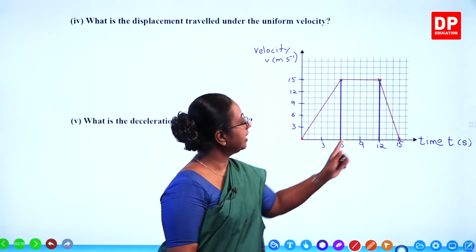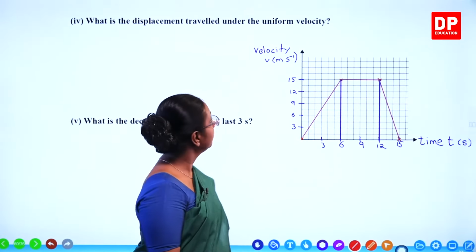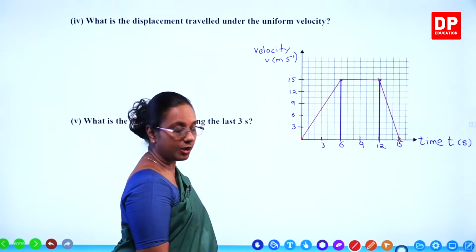This is the area where the object moves with uniform velocity.